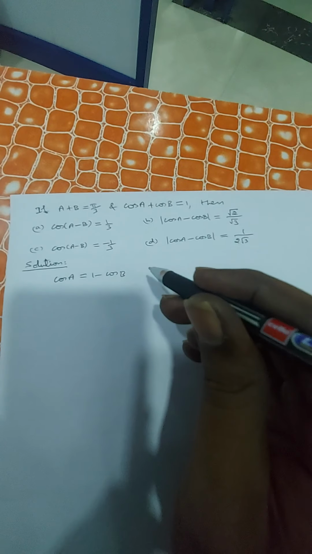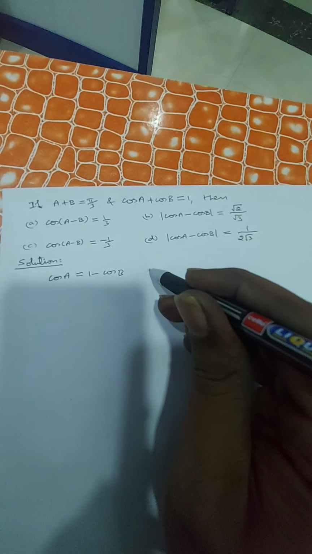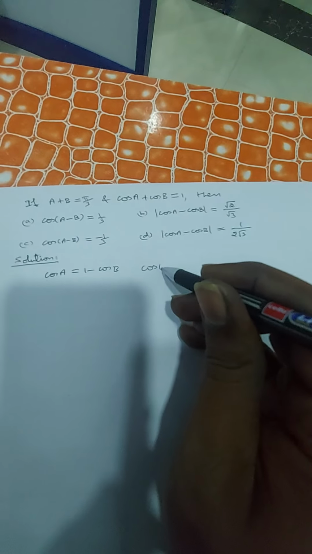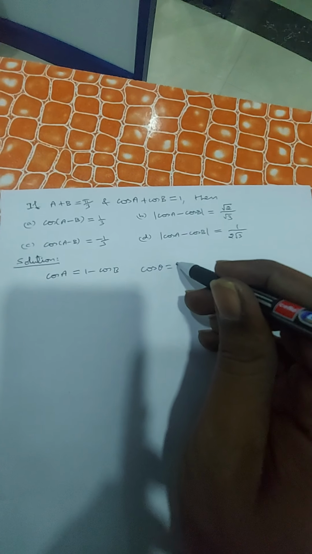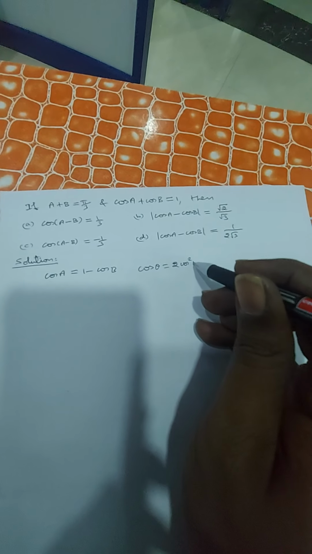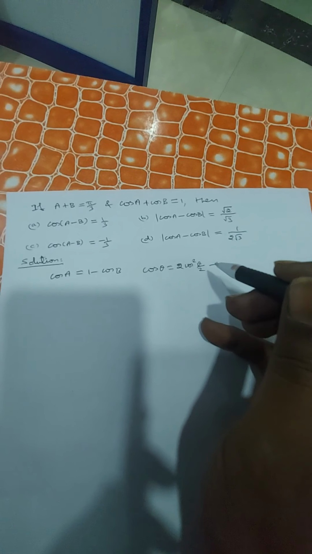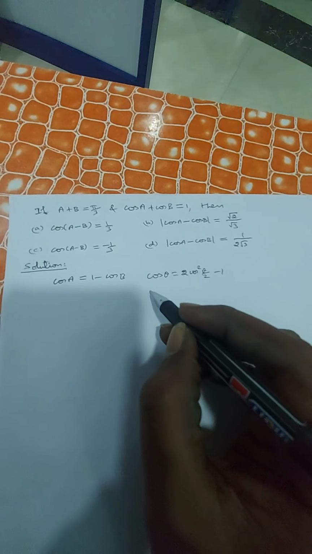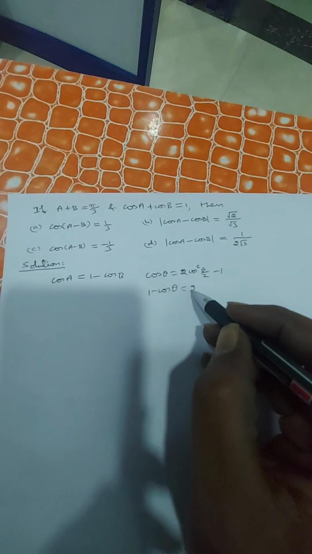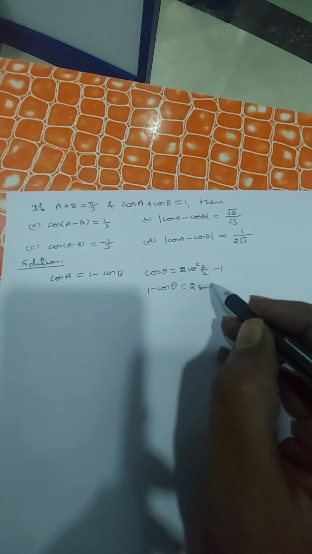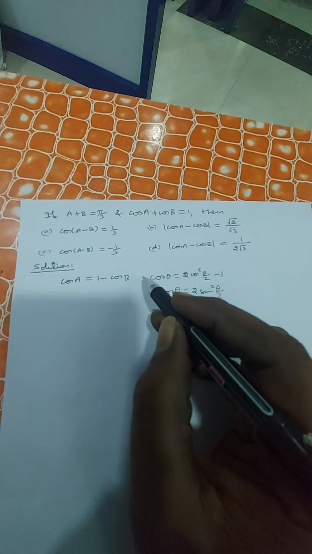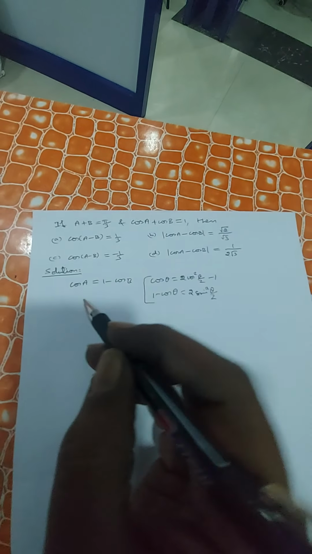Now this cos a, we have the formula cos theta equal to 2 cos square theta by 2 minus 1, and 1 minus cos theta equal to 2 sin square theta by 2. We can use these two formulas here.